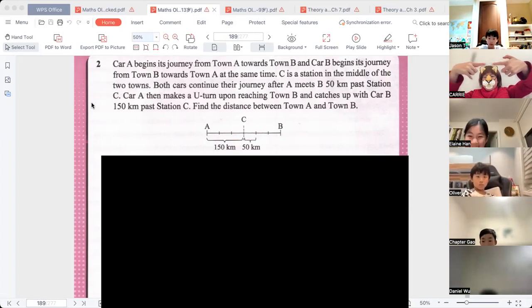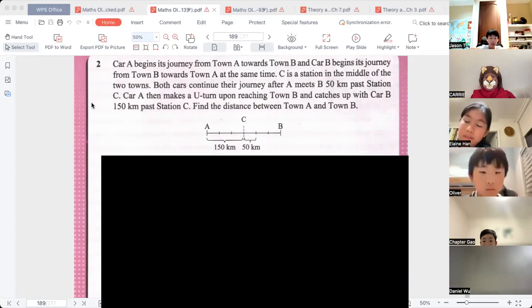C is a station in the middle of the two towns. Both cars continue their journey after A meets B 50 kilometers past station C.